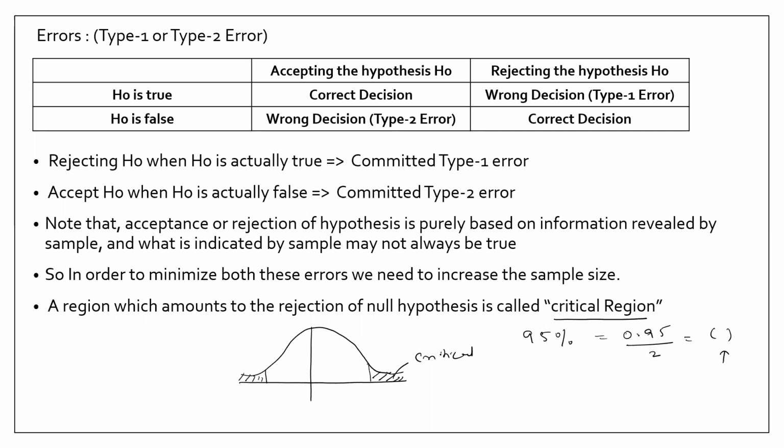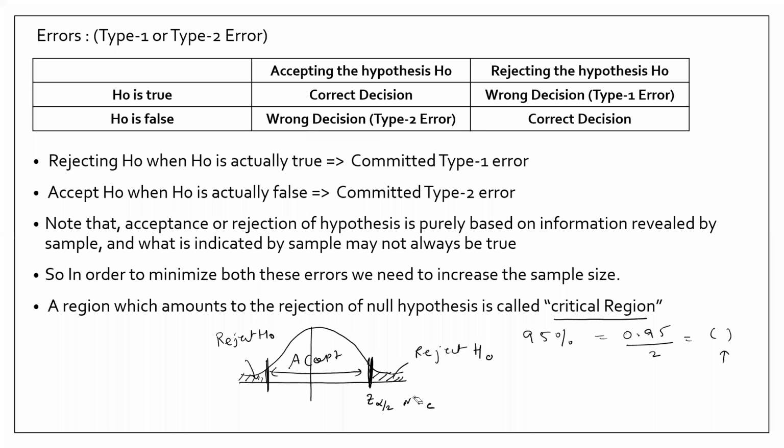And if it is a critical region, remember one thing: we are rejecting the null hypothesis if the value lies in this region, and we are going to accept it when the value lies in between. So we reject the null hypothesis when the value lies beyond this critical value, which we denote with Z alpha by 2, or in some textbooks they also take it as Zc.